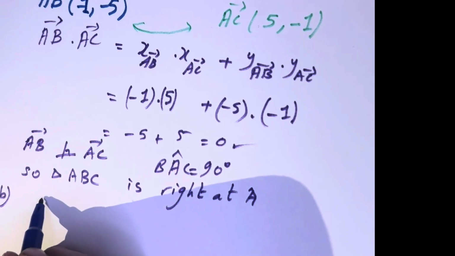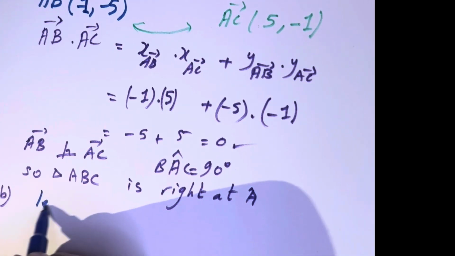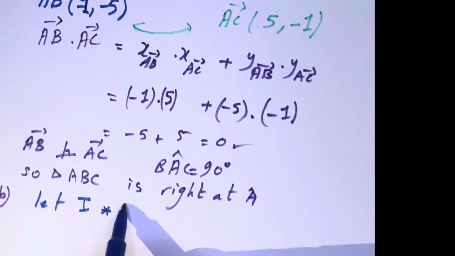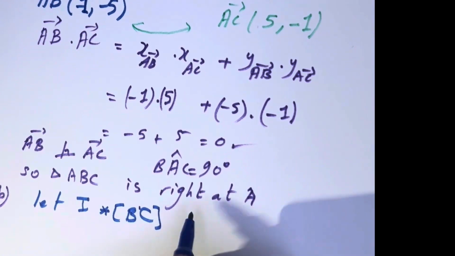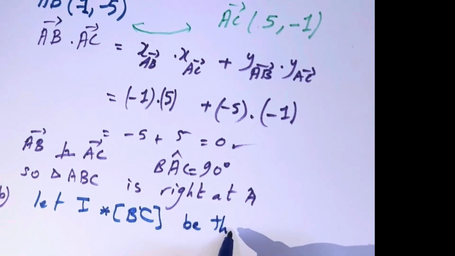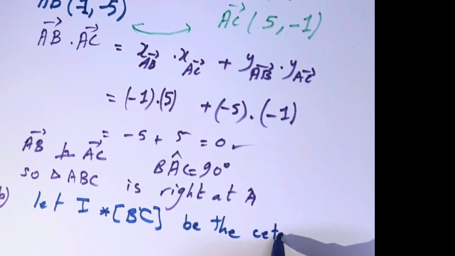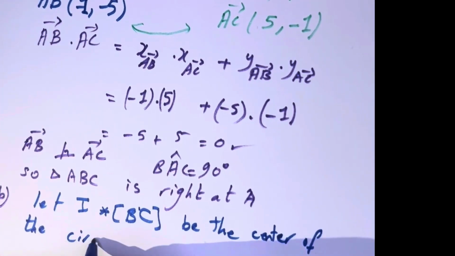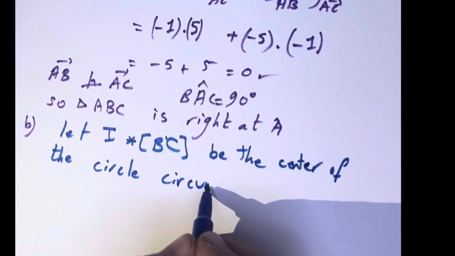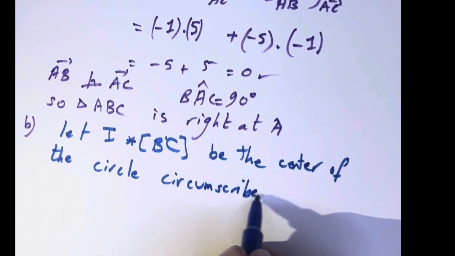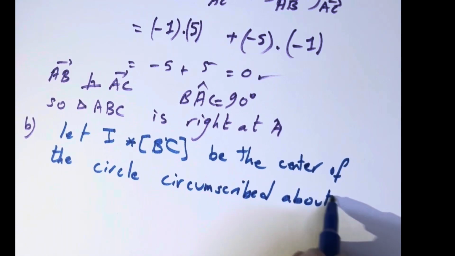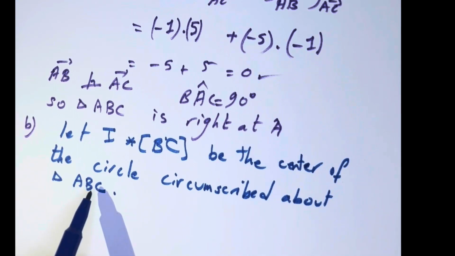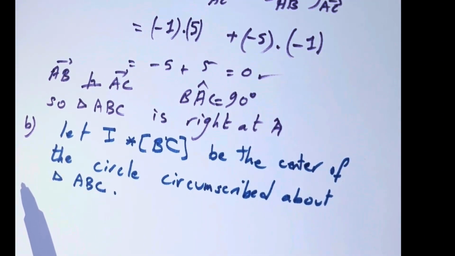So let I, the midpoint of BC, which I will symbolize by this star, be the center of the circle circumscribed about triangle ABC. Since it's right at A, the midpoint of BC will be the center, okay?